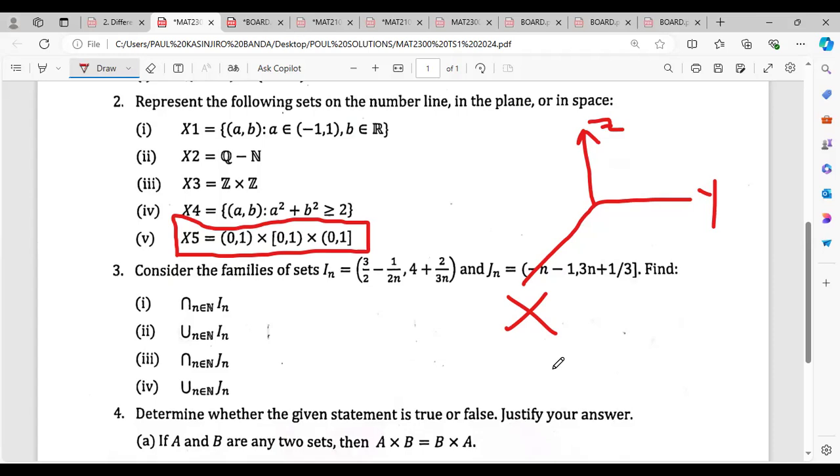What's the question again? The question is, how are we going to represent this set here, which is in 3 dimensions? How are we going to represent it in space? In space, we simply mean a 3-dimensional coordinate system. So how are we going to represent these points here? That was my question.